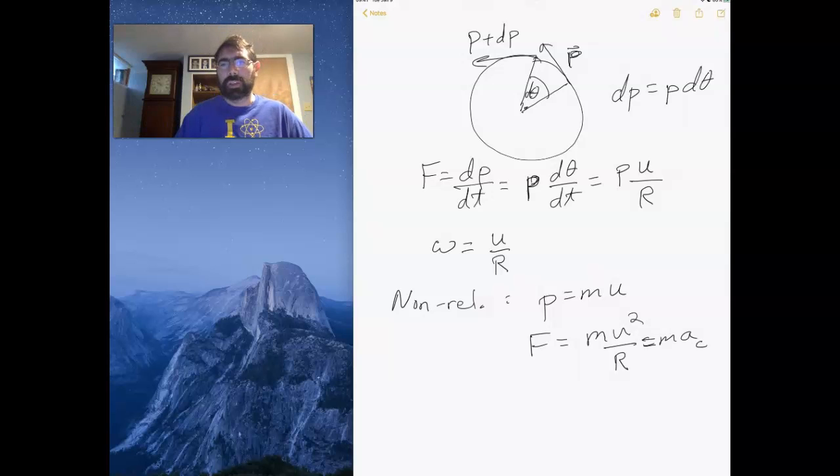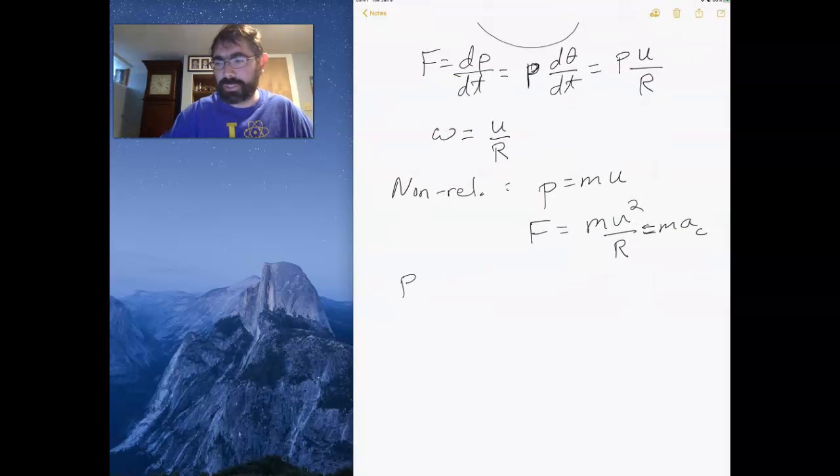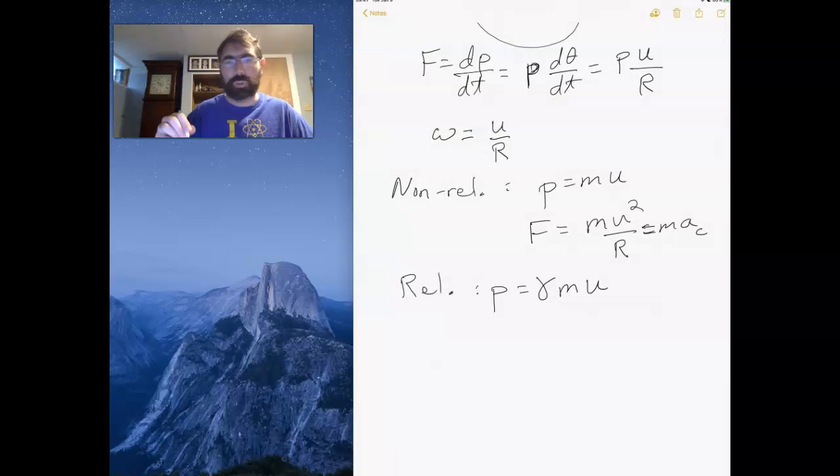Now, if we wanted to treat this relativistically, then the momentum is equal to gamma times the mass times u. If I treat the velocity relativistically and the momentum relativistically, then this equation, F equals momentum times velocity divided by r, is relativistically good.